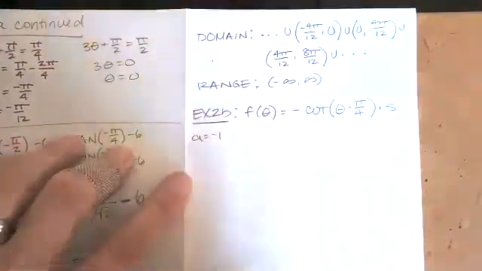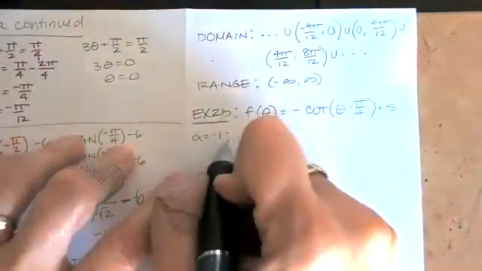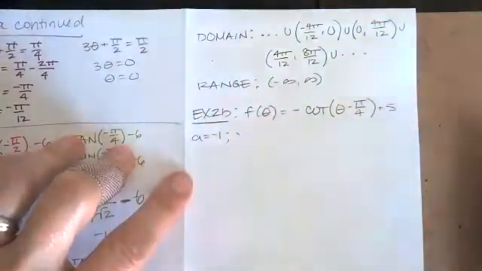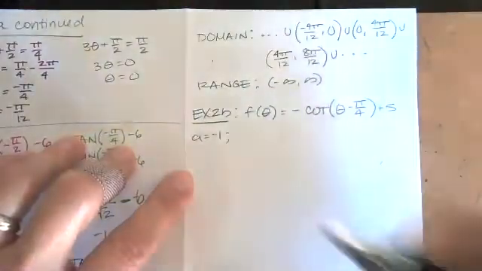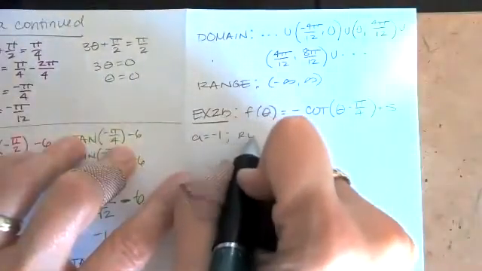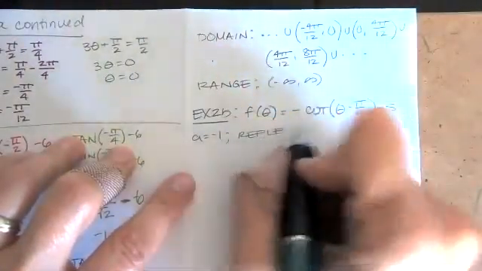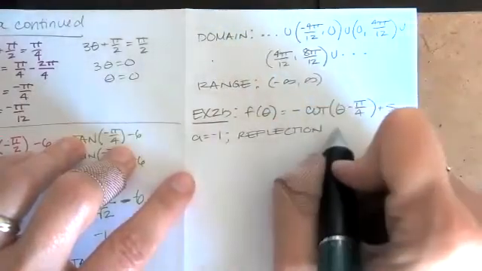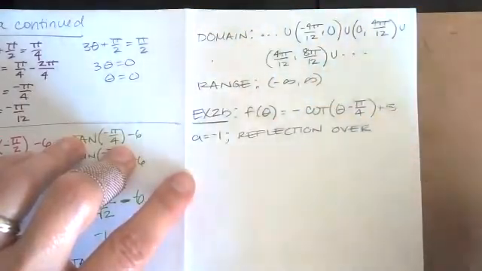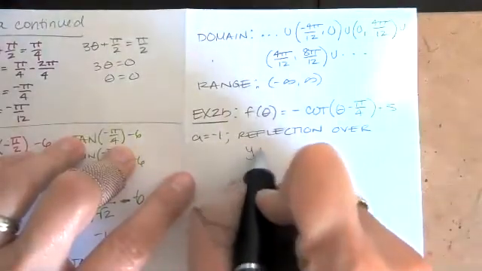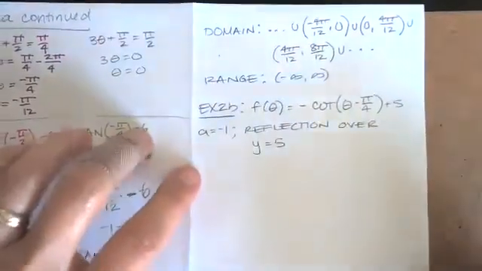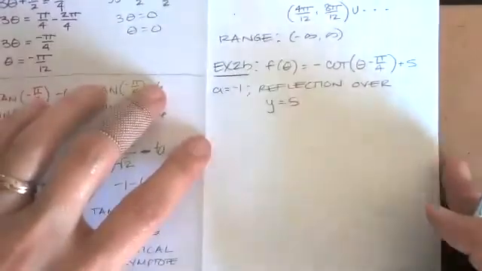I noticed that a is negative 1, right? So that's going to be not a stretch, but a reflection over y equals 5. Is that what you expected to have happen there?